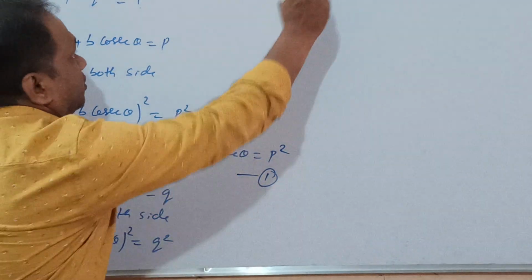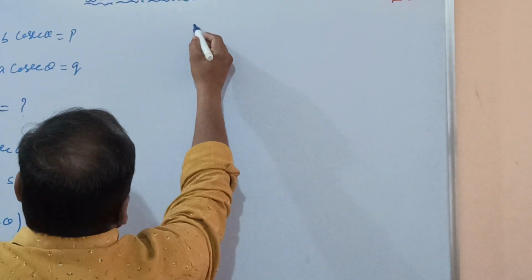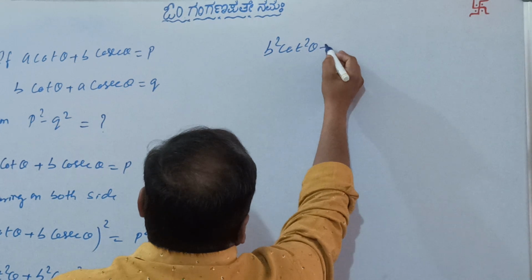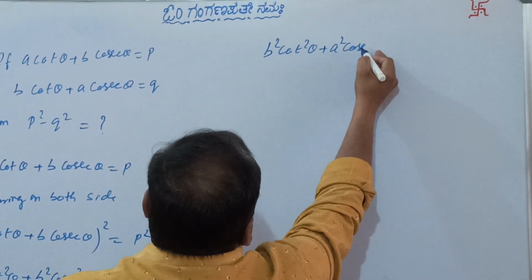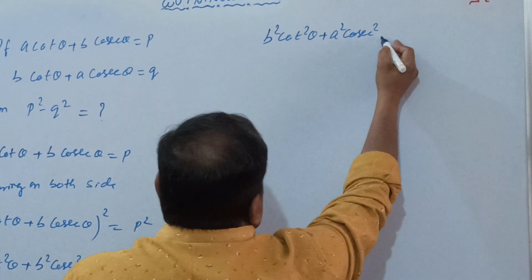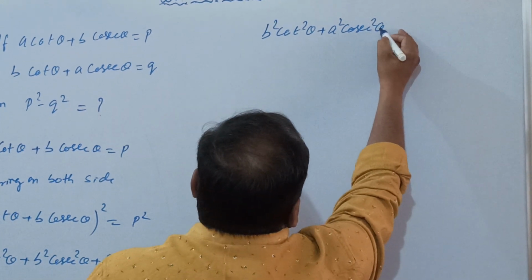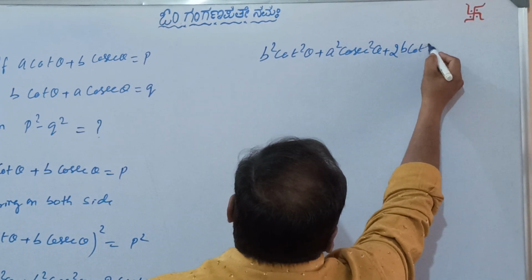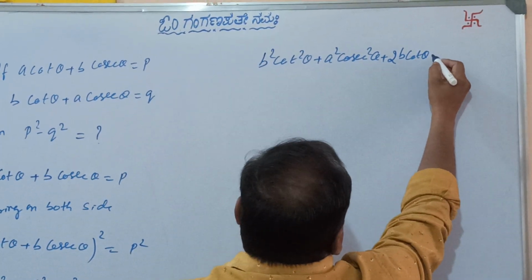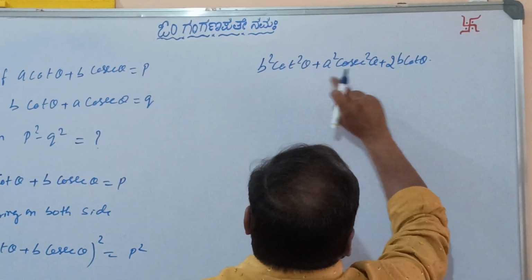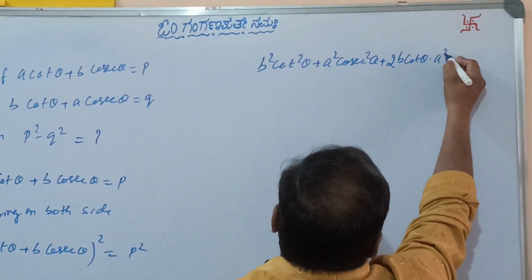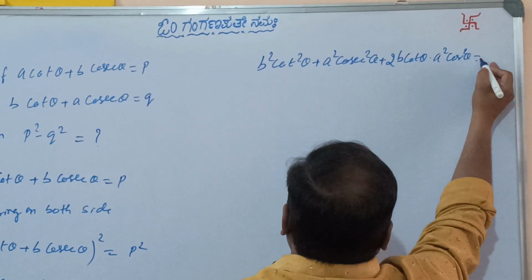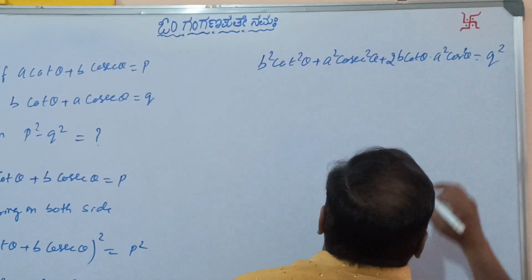That is, b square cot square theta plus a square cosec square theta plus 2 into b cot theta into a cosec theta is equal to q square.